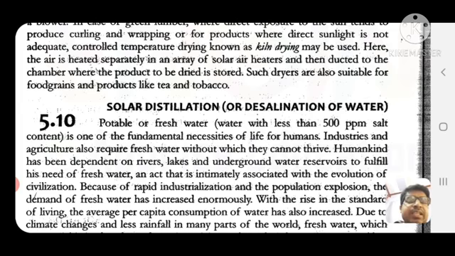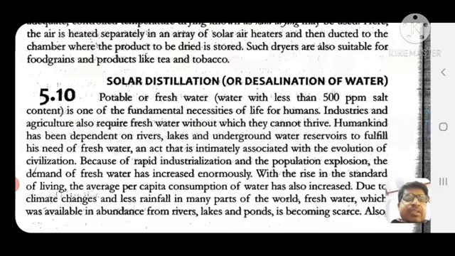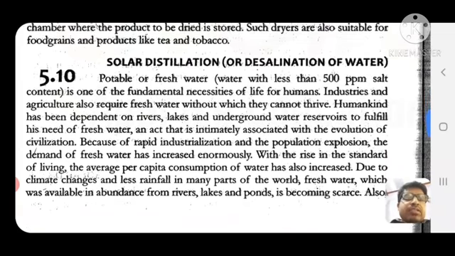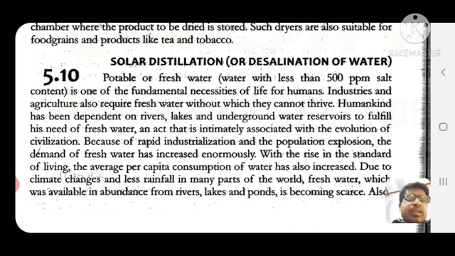Industries and agriculture also require fresh water, without which they cannot thrive. Humankind has been dependent on rivers, lakes, and underground water reservoirs to fulfill the need for fresh water, an act that is intimately associated with the evolution of civilization.